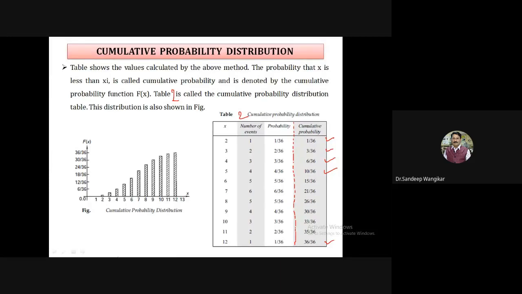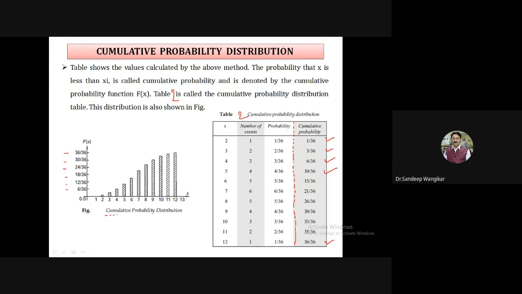And if we plot against here 6 by 36, 12 by 36, 18 by 36, 24, 30 and 36 by 36, then you will get the values from 2. It is increasing, and up to 12 it will become 36 by 36. So this is the cumulative probability distribution.